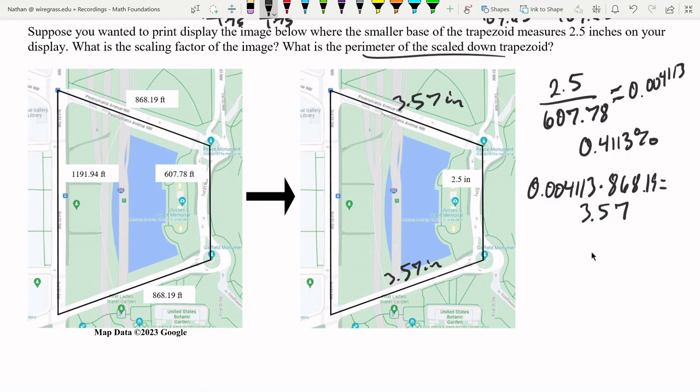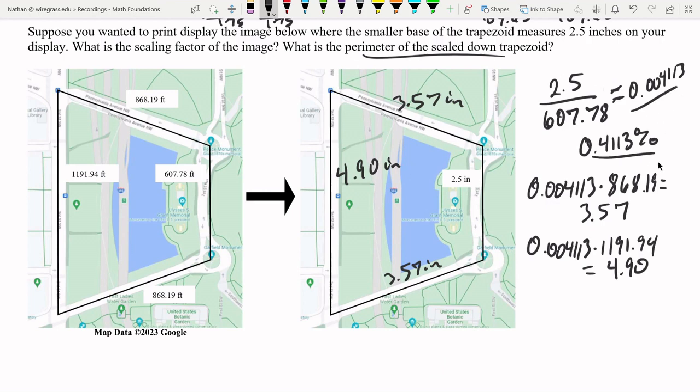Okay. The same idea for this third side length. The percentage of the original amount is going to give us the new amount. And I'm getting 4.90 for that side length there. Okay, so this is the scale factor, right?